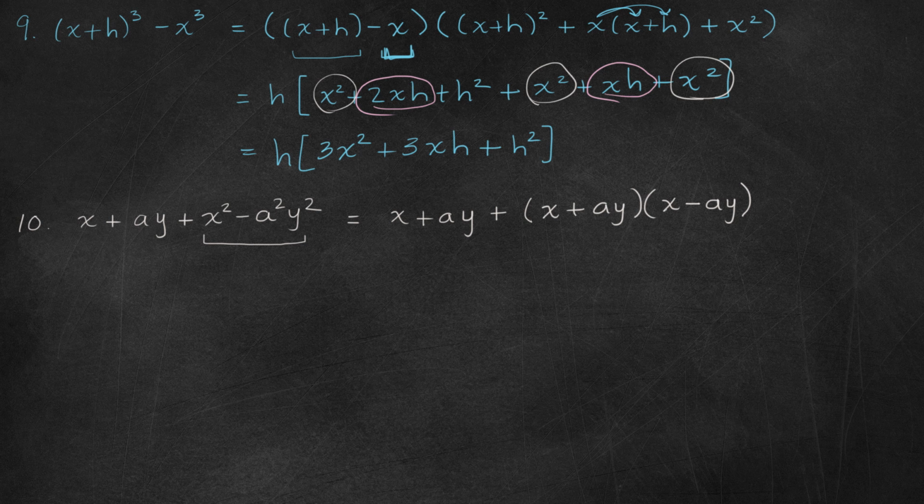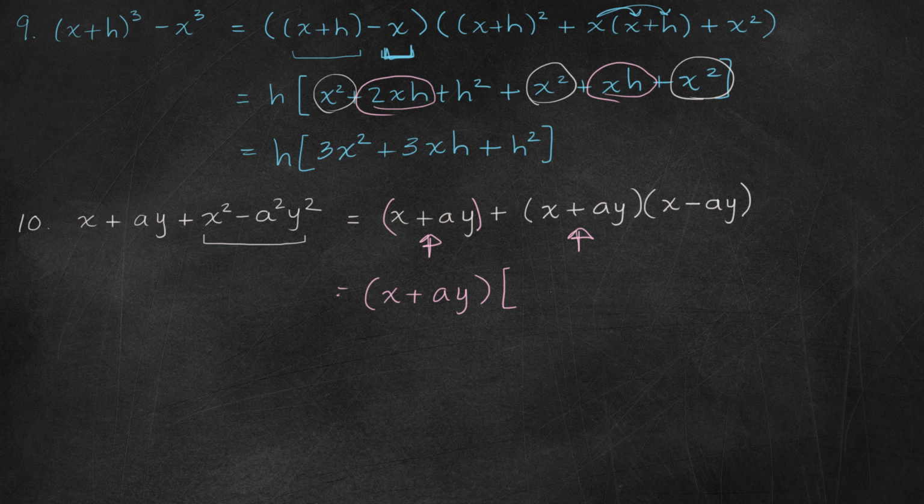Now I can factor by grouping. I've got an x plus ay here and an x plus ay here. So I'm going to factor the x plus ay out. And see what we have left.